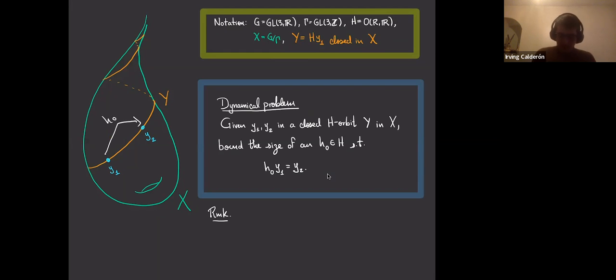And just a small remark is that this problem is not very interesting when H is compact because the norm of h is always bounded. So the interesting case is when H is non-compact. And this is simply saying that the Qi are isotropic over R.